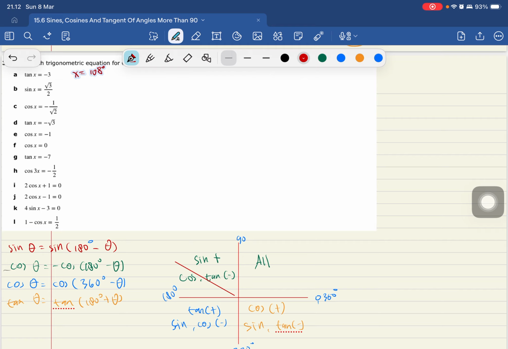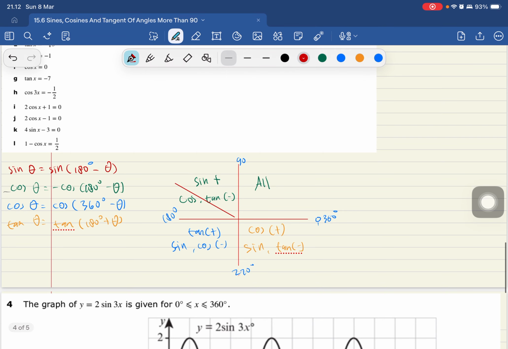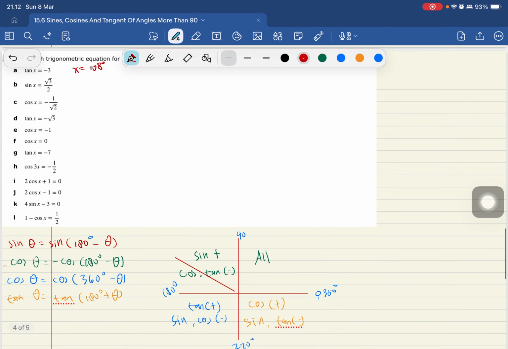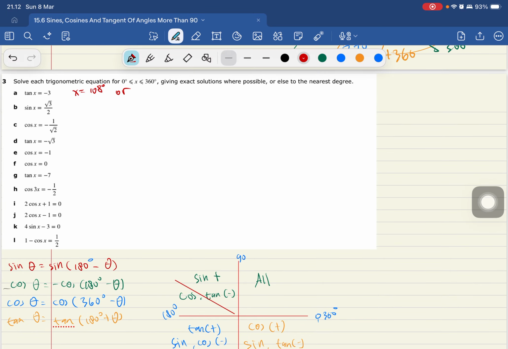108. So we need to find the equal value. We can just add 180 to make it the equal value. So another x is going to be 108 plus 180, which equals 288 degrees.